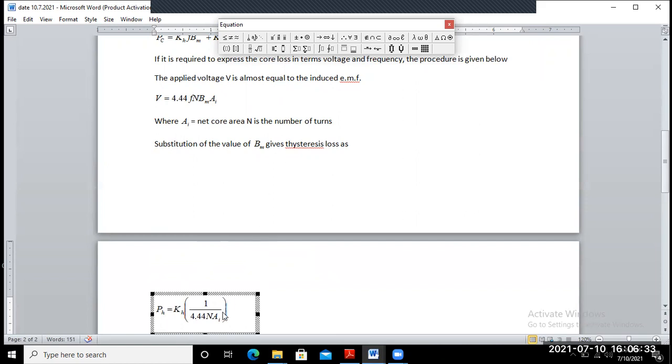into whole to the power x, V by f whole to the power x.